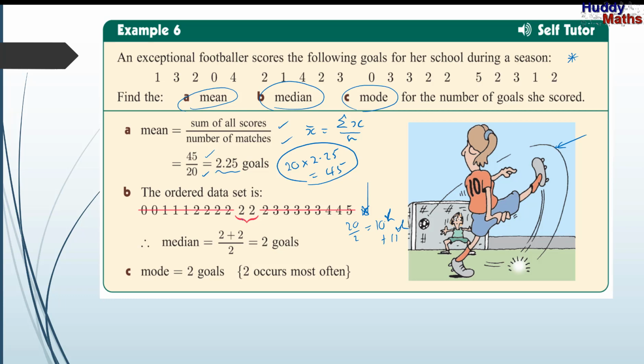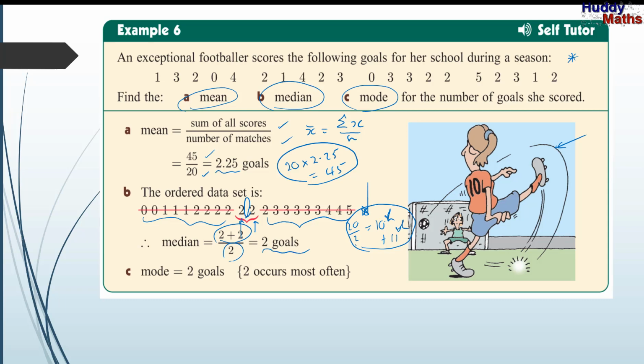So the 10th one is this, and to keep the number of scores below equal to the number of scores above, it's got to be the average of these two. That's a little fiddly bit for an even number of scores. Divide by 2, it's the mean of that one and the next one. So it's the same number here. 2 plus 2 on 2 is 2 goals.